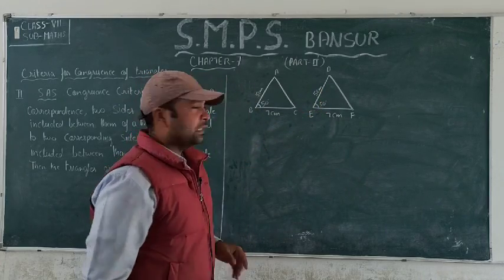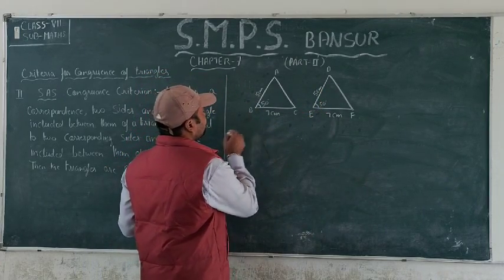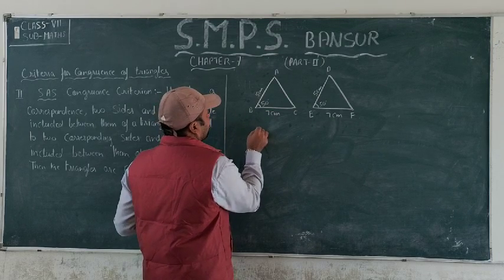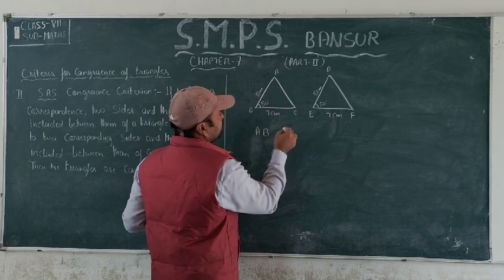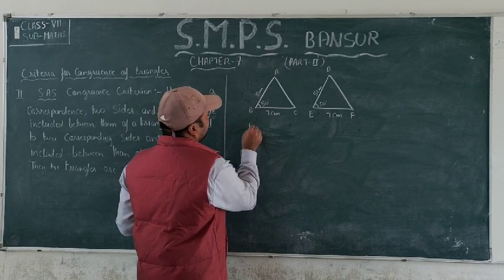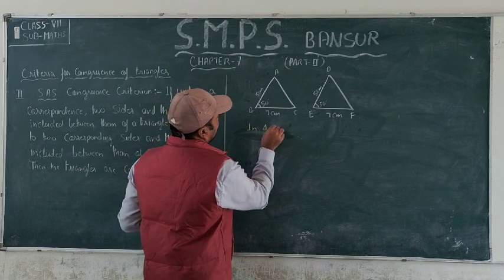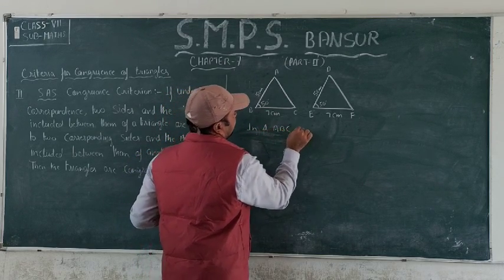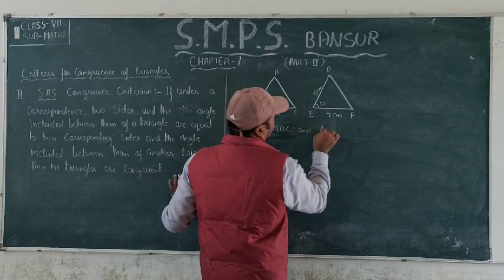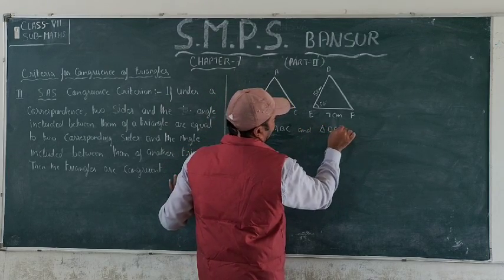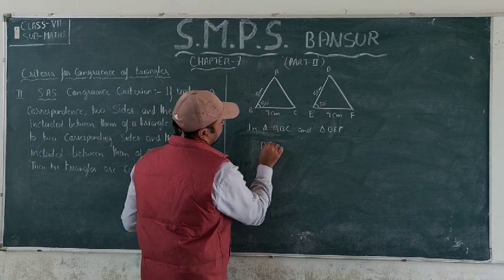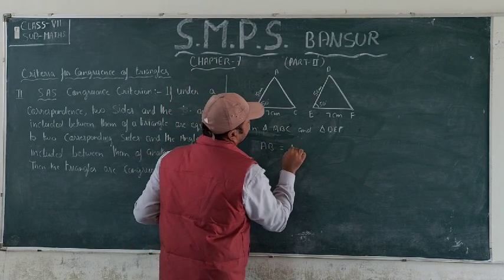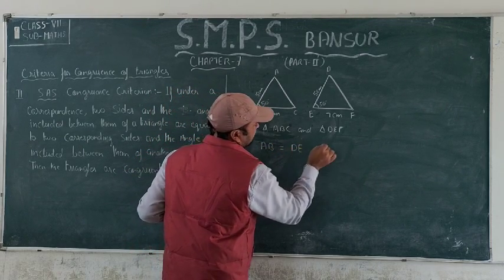Now we will prove this. First of all, we write in triangle ABC and triangle DEF. Now we have to compare them. AB is equal to DE, that is given.